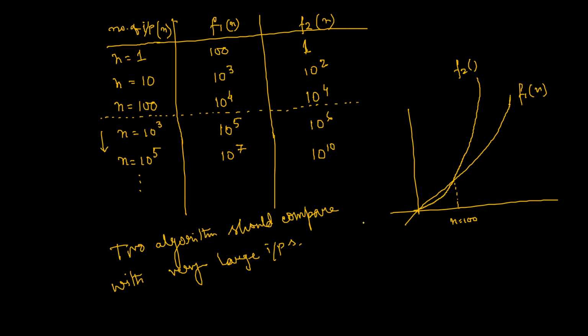Okay. Now from this statement, a concept has come, which we call asymptote. What is an asymptote? Mathematically, an asymptote is a curve which approaches another curve or an axis, but never meets the axis.